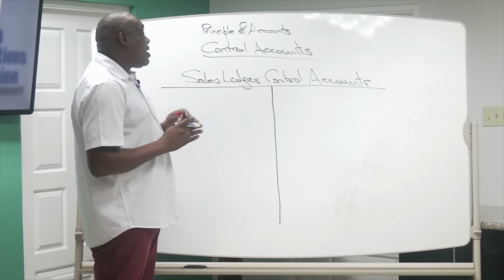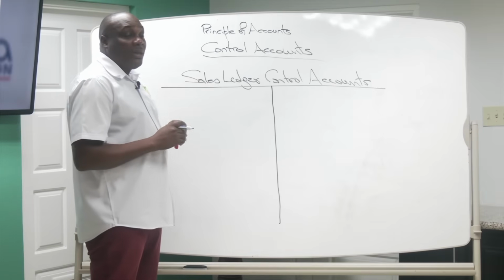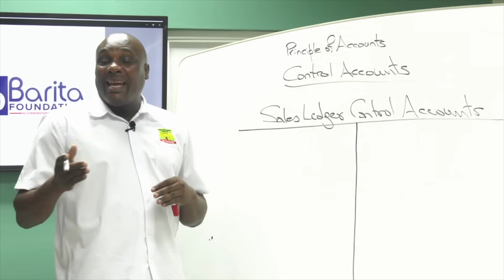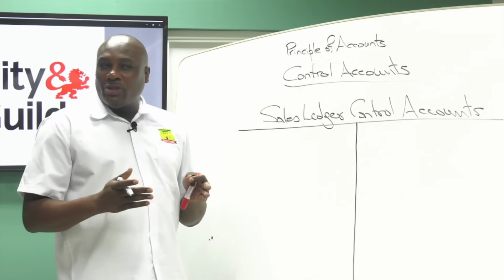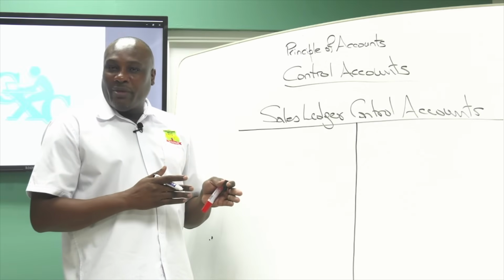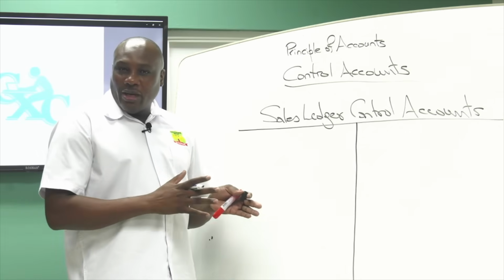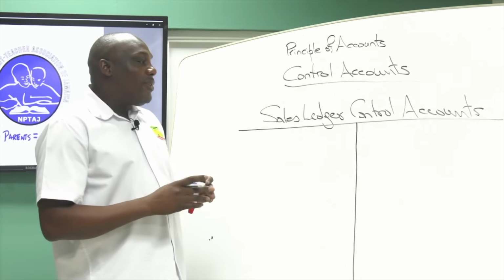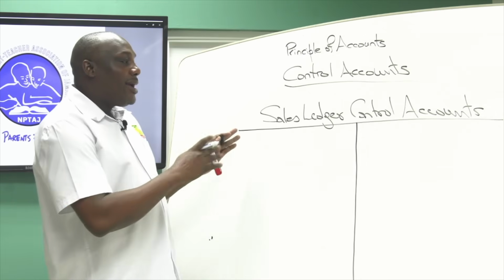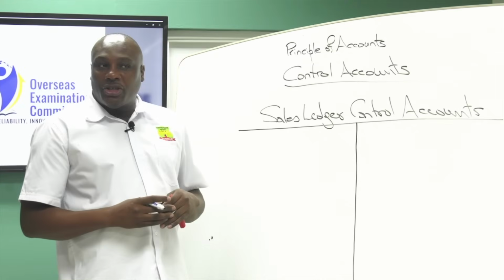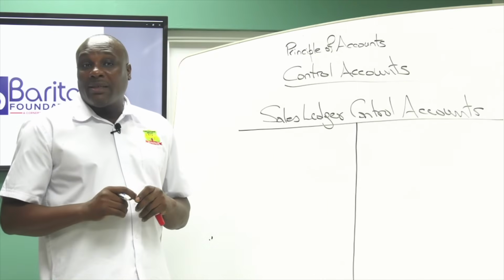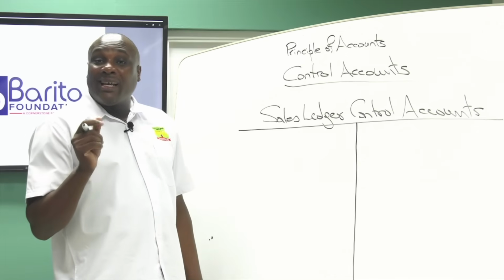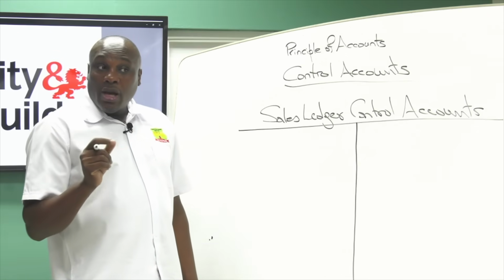Now, the control account, students, is really known as a single entry topic, meaning that unlike the regular T account that you would normally be accustomed to from the very early entry of dealing with ledgers, where you would have understood that you record two accounts for each transaction, for this topic, it's called single entry on the basis that we're only focusing on a single T account.